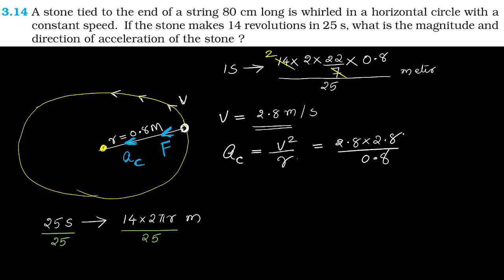If you do it, you will get 9.8 meter per second square as the answer. So the magnitude is 9.8 meter per second square. Direction of the acceleration is towards the center.